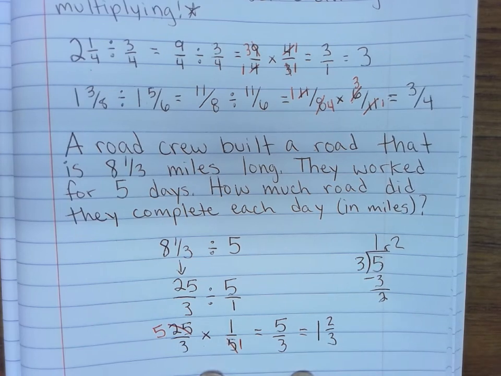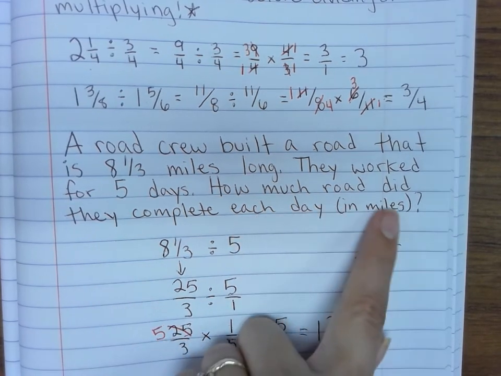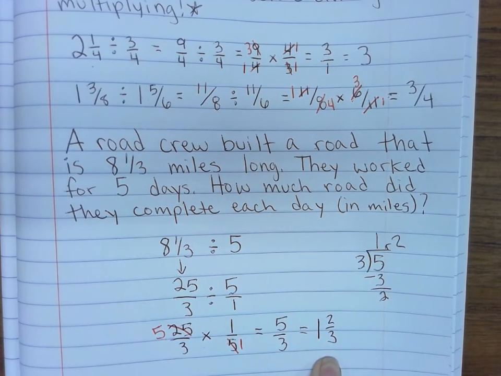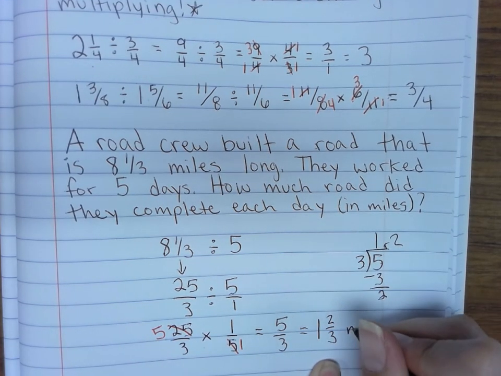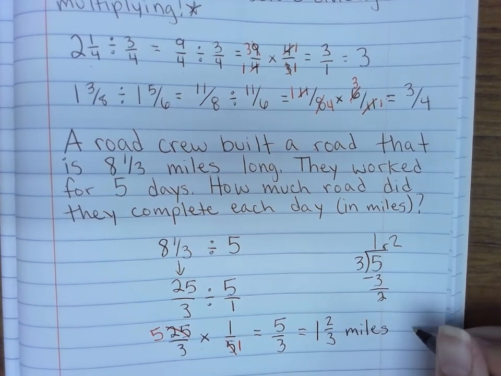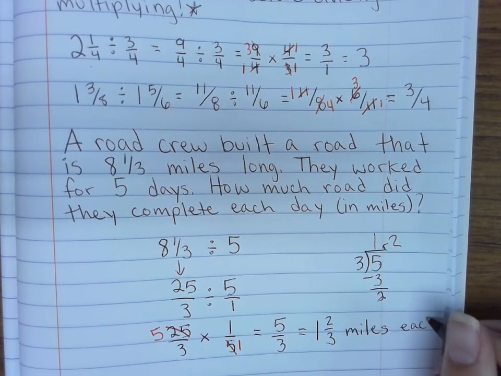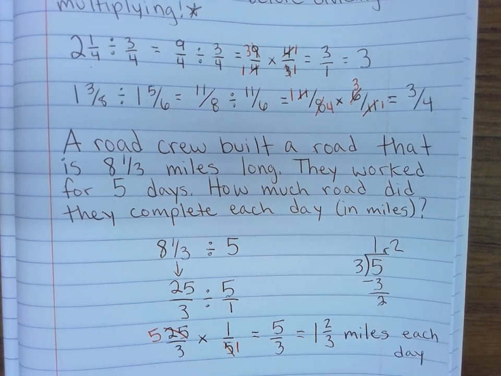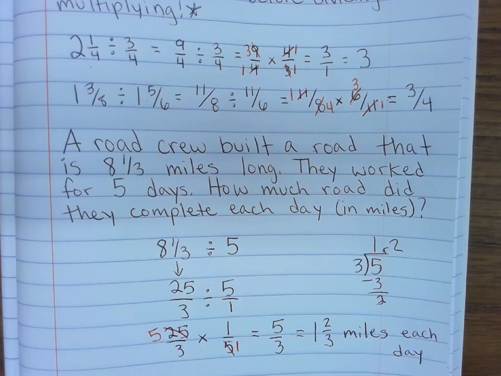Now this was a story problem. And this was asking how much road did they complete each day in miles. So what's my label for this one? Miles. So they completed 1 2/3 miles each day. Okay, make sure that's written nicely in your math journal.